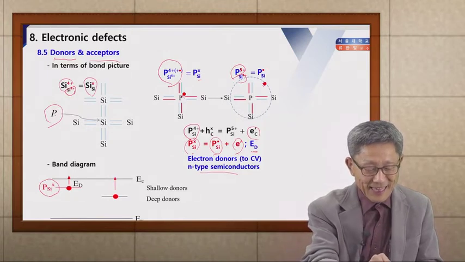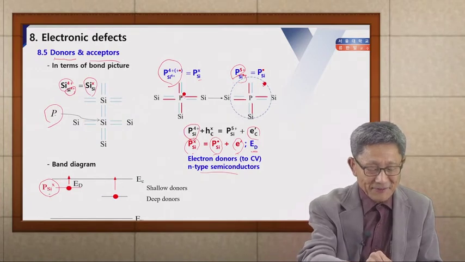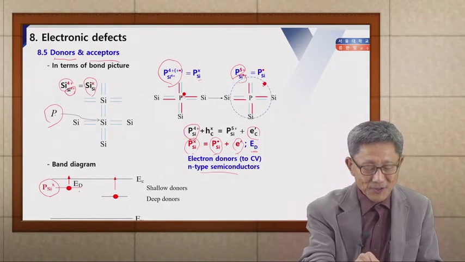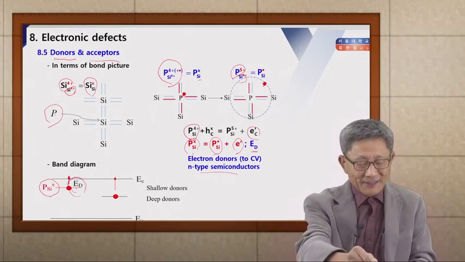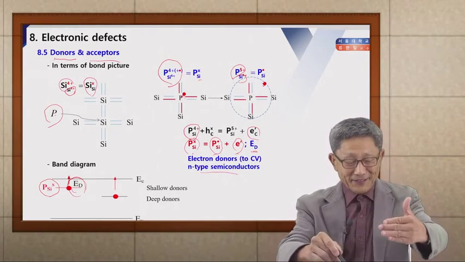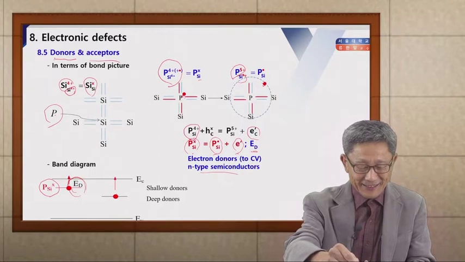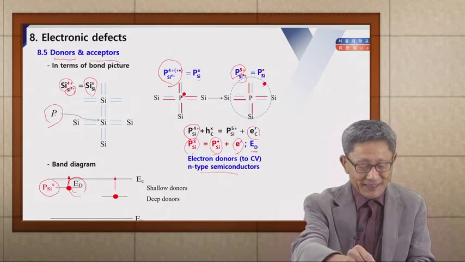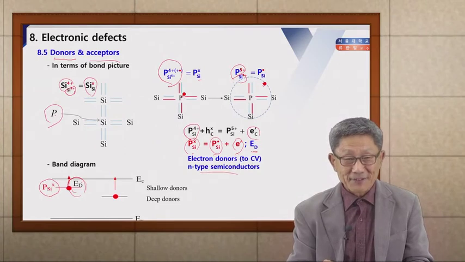By detaching one electron from the tetravalent phosphorus to the conduction band, you have to supply energy as much as this. This electron donation energy, so to say, ionization energy, depends on the impurities.